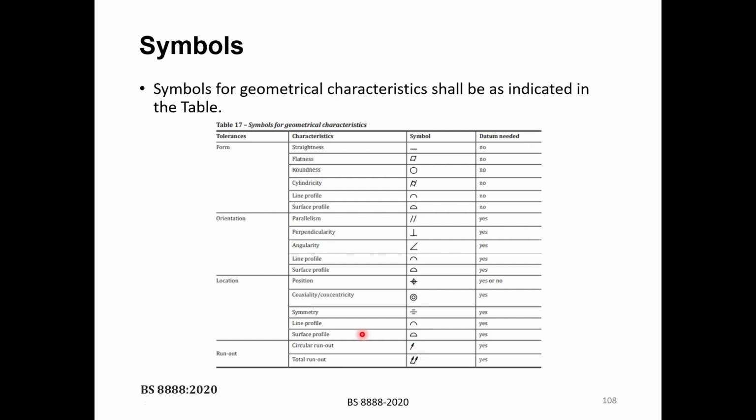In here, these two require line profile and surface profile. Here they require a reference, they require a datum, but these two, it's in the form tolerance. They do not require a datum. So, and circular and total runout.